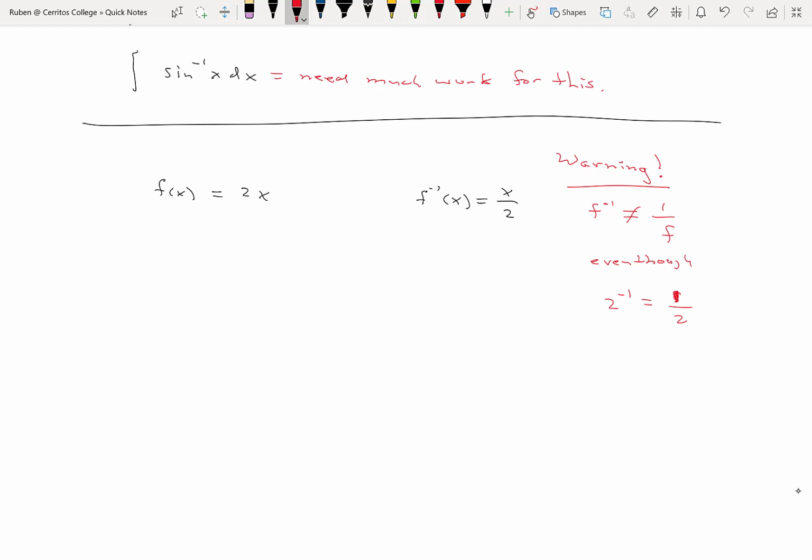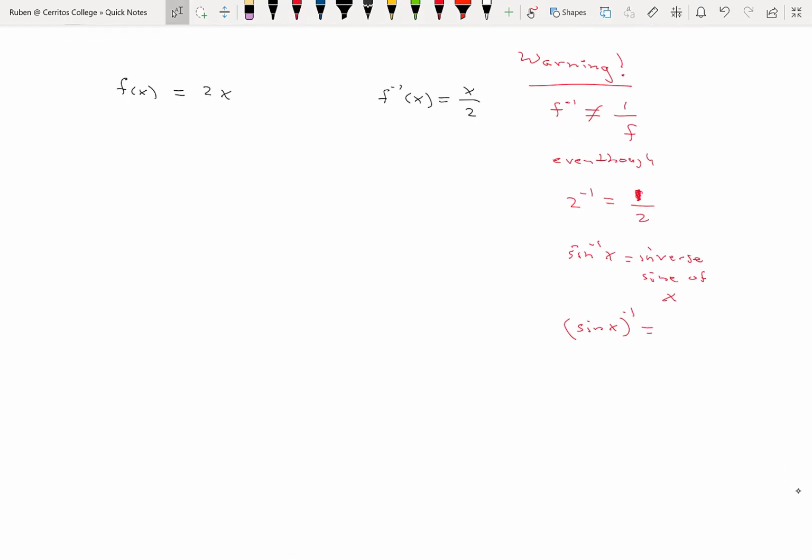Okay. This is all still part of the warning. What is this? This is inverse sine of x. What is this?